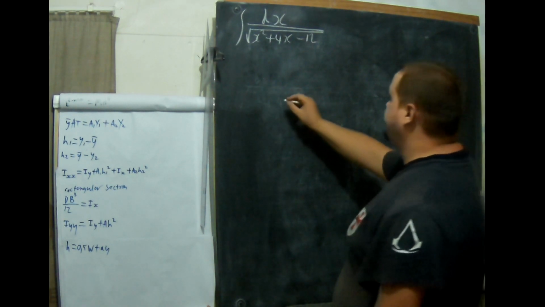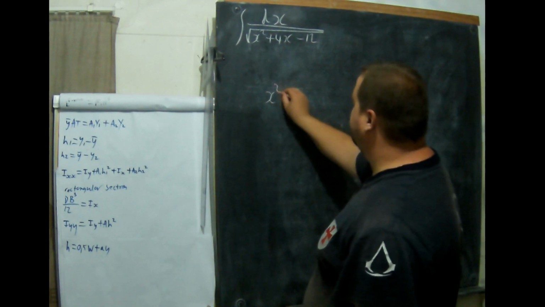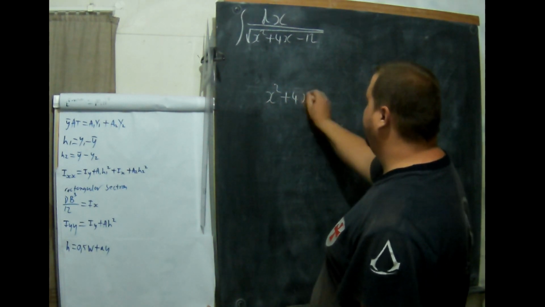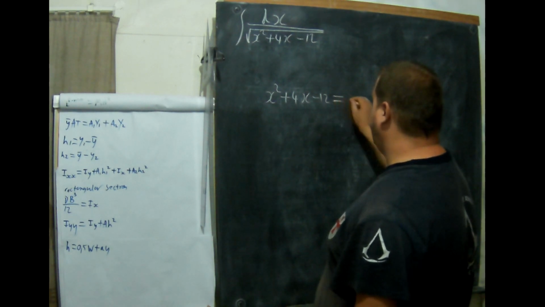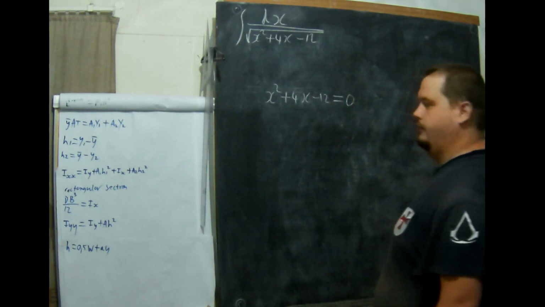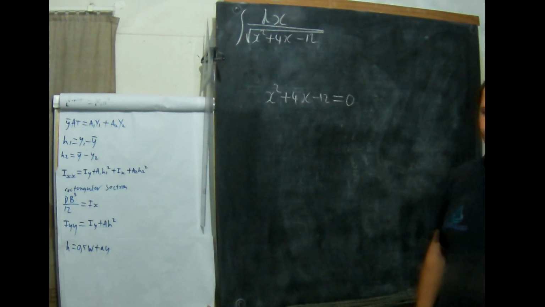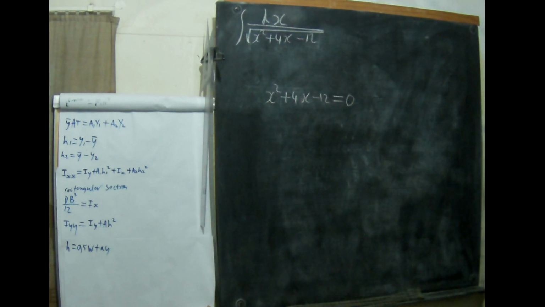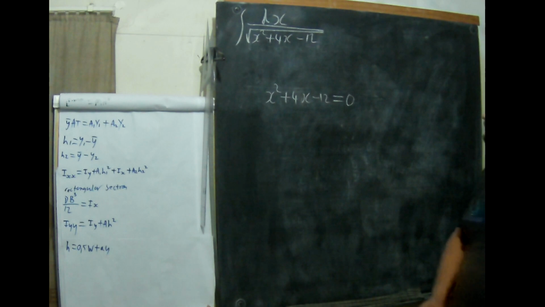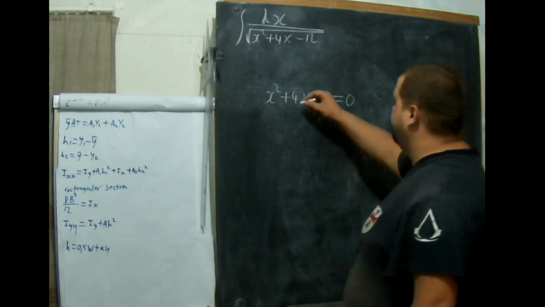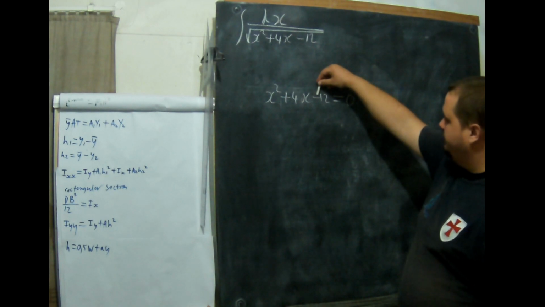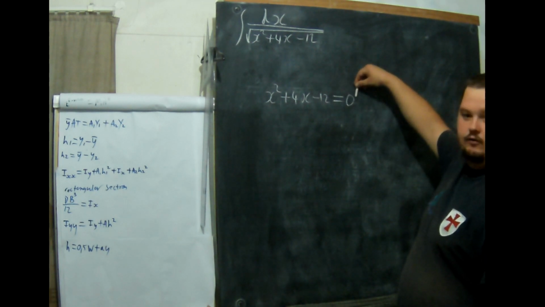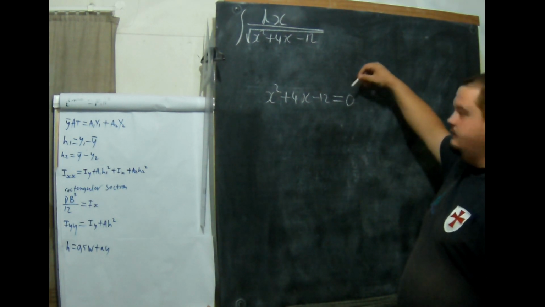So, first things first. x squared plus 4x minus 12 equals 0. Now what we do is we move the 12 over the equal sign to become positive.